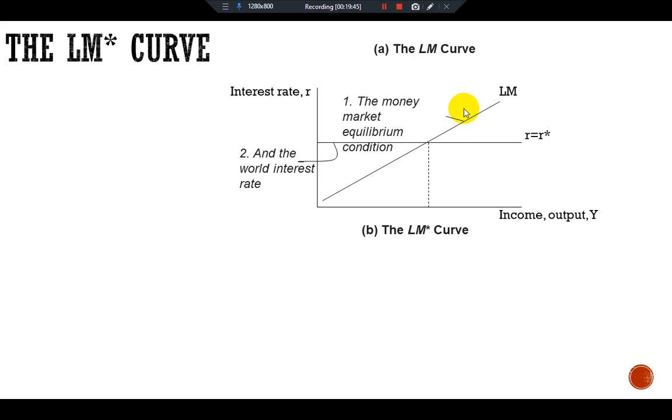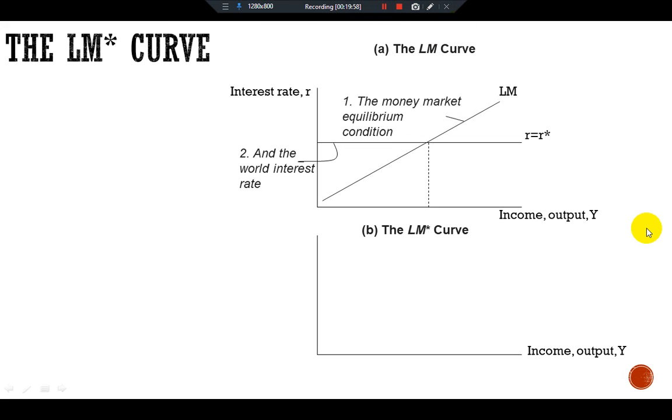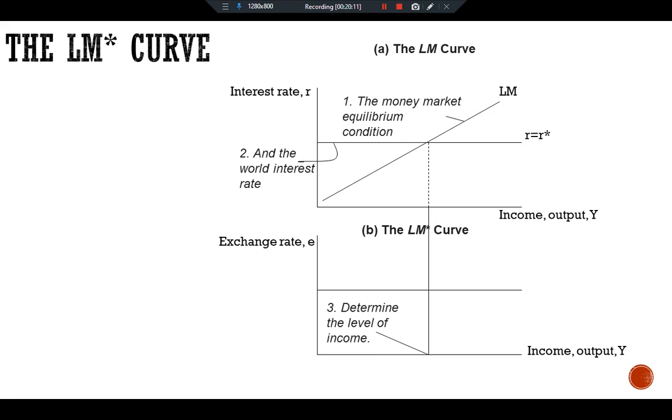So in panel B we have the LM static curve, with income output Y on the x-axis and exchange rate on the y-axis, and we have a vertical LM static curve, and this will determine the level of national income at this point.